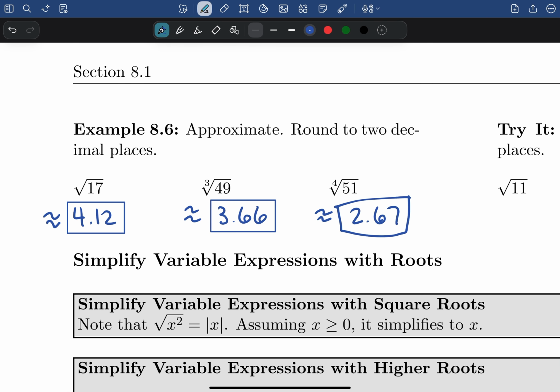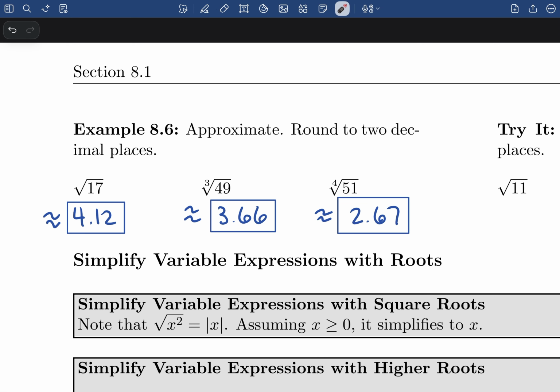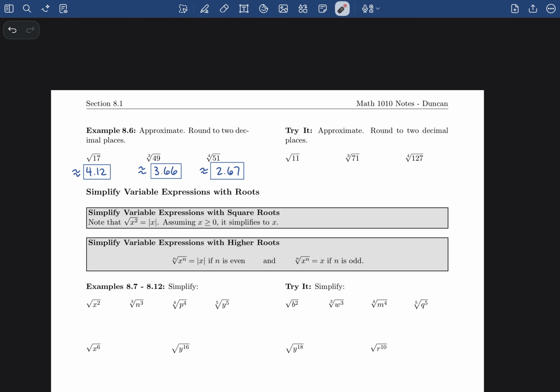Great. So I've just trained you on how to type square roots, cube roots, fourth roots, and now you know how to plug any type of root into your calculator if you have to approximate some values.